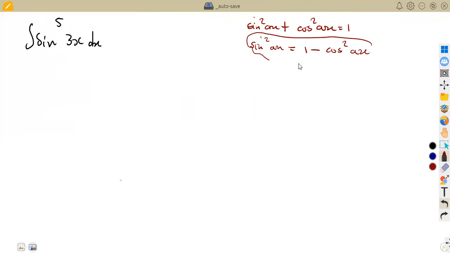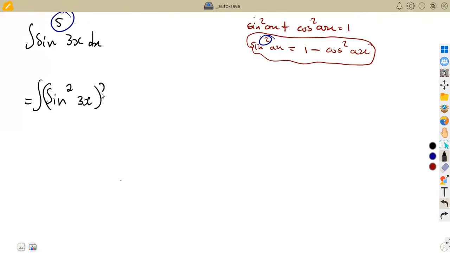So there is a need for us to have a sine squared from this sine to the exponent of 5. How can we have a sine squared? Okay, this is it. We're going to write sine to the exponent of 5 as sine squared of 3x raised to the exponent of 2.